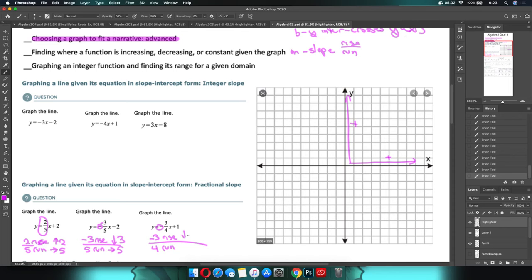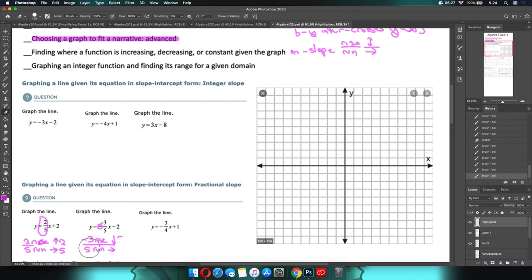I'm going down 3 and over 4. Notice that for now, I'm always going to the right, especially for beginners. You really want to focus on that to start so that way you don't get lost as you start going through this. So now that we have our two pieces, rise and run, this rise is going to take care of our up and our down, and for now, temporarily, our run is always going to the right.